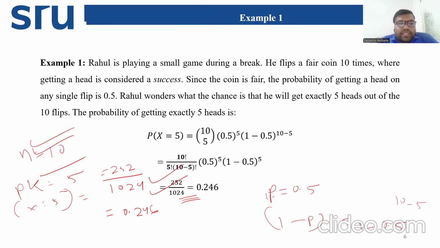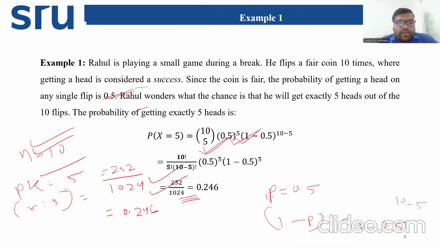Here in the question it is already mentioned that the probability of success is 0.5. So we apply 0.5 raised to the power k, that is 0.5 raised to the power 5, and (1 minus 0.5) raised to the power 10 minus 5.